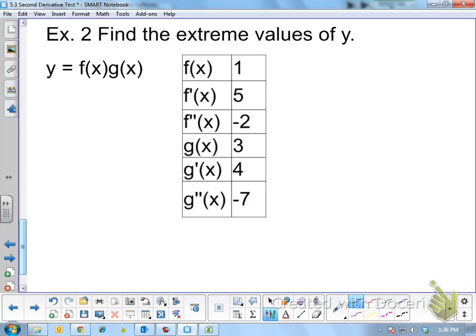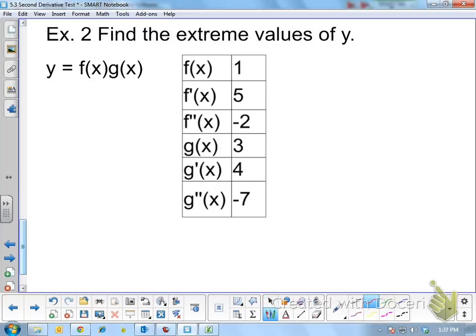But first, what's our first step anytime we find extreme values, no matter what's going on? Derivative. I need y prime. I need to know where y prime equals 0. So looking at this function, product rule. Ben is correct. We have to use product rule. It's the thing that we forget most often.